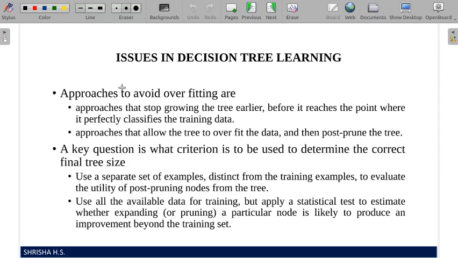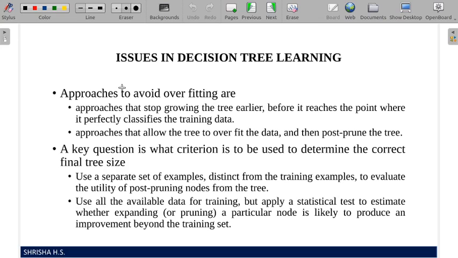As we are talking about decision tree learning, overfitting happens in all kinds of hypotheses, all representations of hypotheses, maybe a tuple form, decision tree form, or maybe a neural network form. In all representations of the hypothesis, overfitting happens, but in this case we are talking about decision trees.